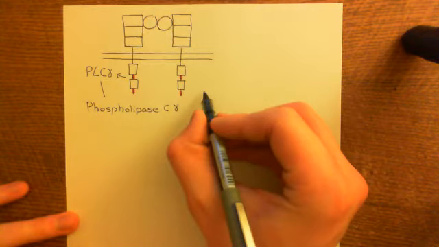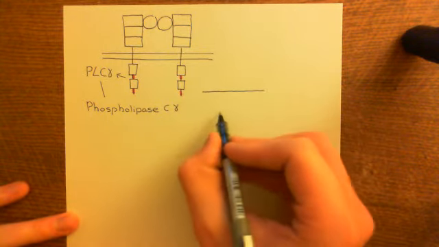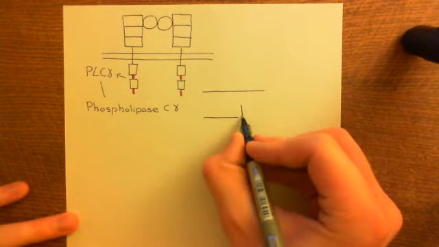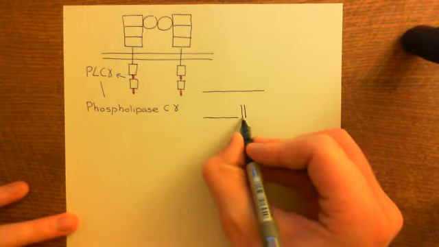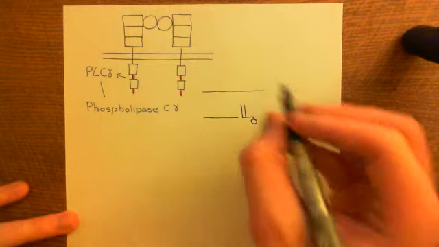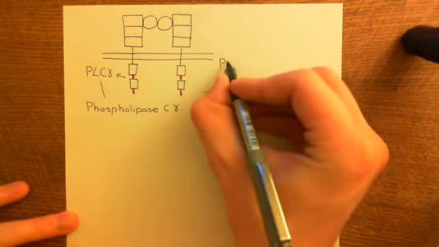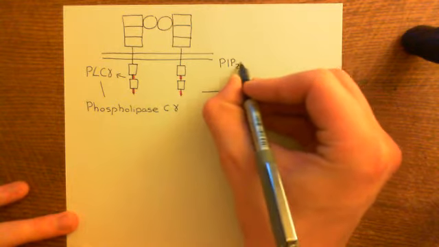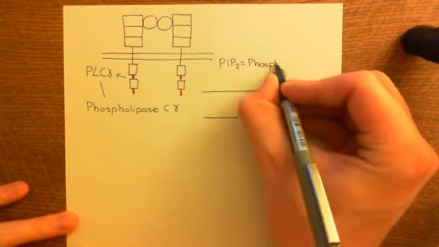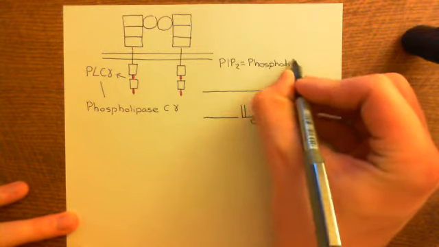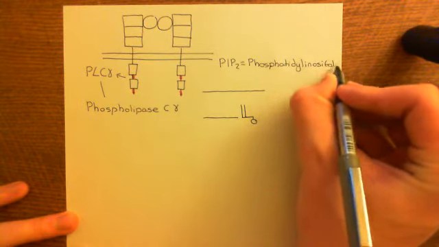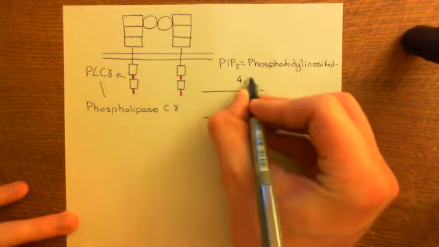So let me just discuss what PIP2 is. If this is the phospholipid bilayer, then the phospholipid bilayer is made up of phospholipids. So let me show a phospholipid, and then I'll show how to modify a phospholipid to get a molecule of PIP2. What we're heading for is PIP2, which stands for phosphatidylinositol 4,5-bisphosphate.